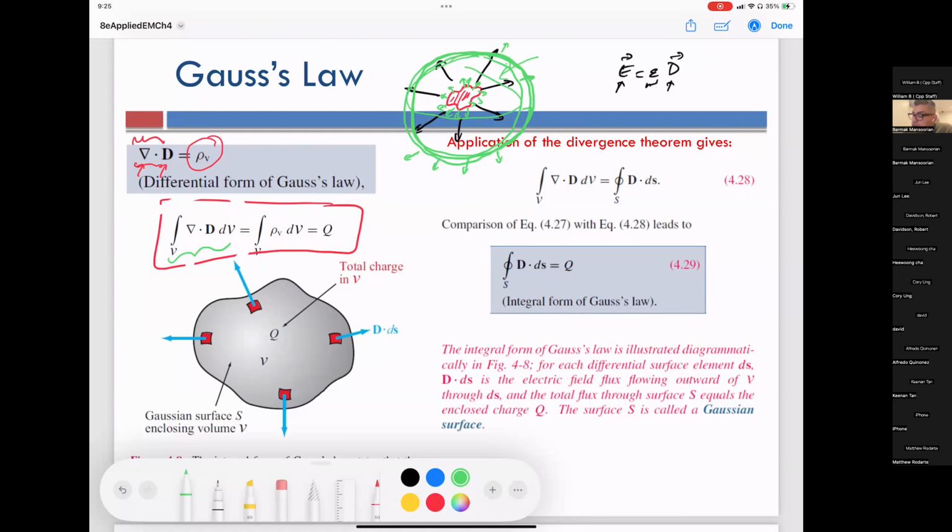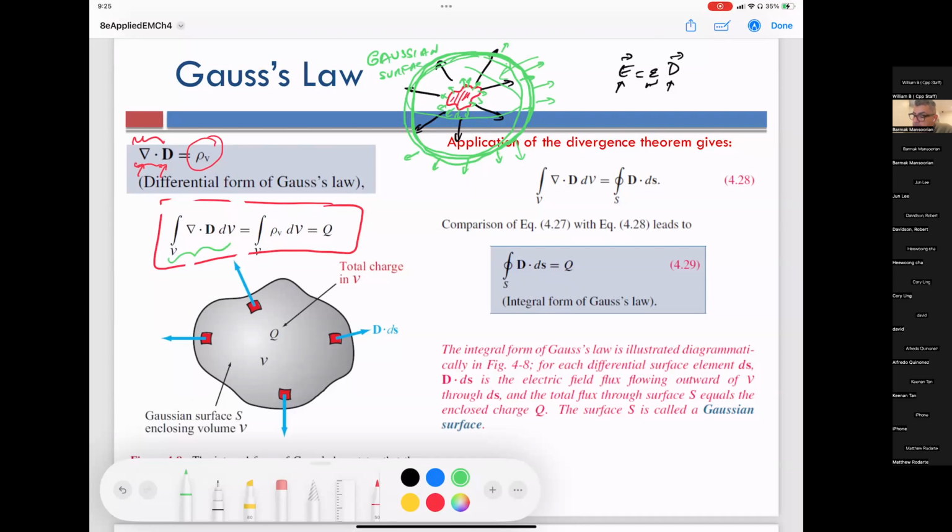So you're always trying to figure out some kind of charge, and you can define a surface away from that charge, as long as that surface doesn't include any other charges, and do your integral on that imaginary surface. That imaginary surface is called a Gaussian surface.